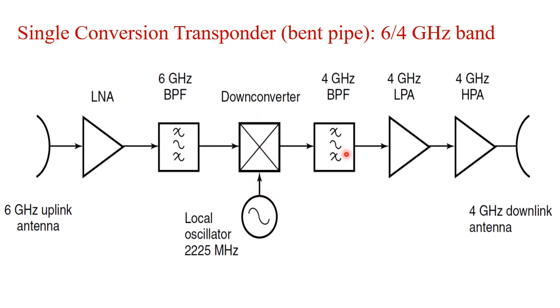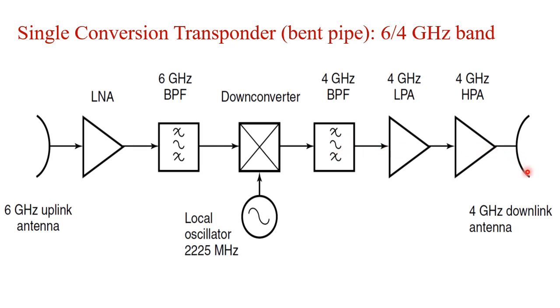If instead of using the difference frequency, we use the sum frequency, that will be of less power. The sum frequency will have a lesser amount of power and it is difficult to generate. So instead of that, if we use 6 gigahertz as uplink and 4 gigahertz as downlink, we can easily use the conventional down converting technique, and we can easily generate a 4 gigahertz signal at a high power level.